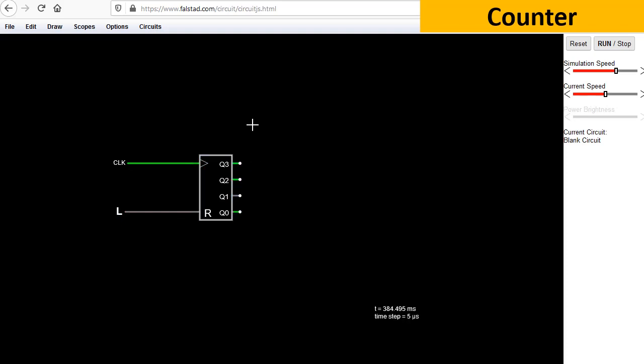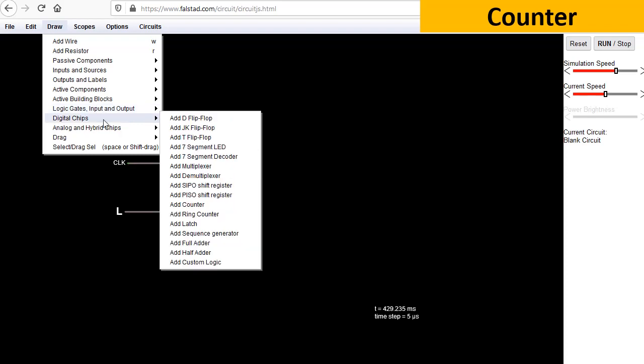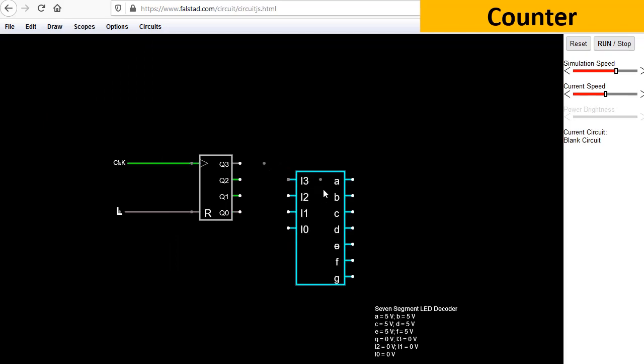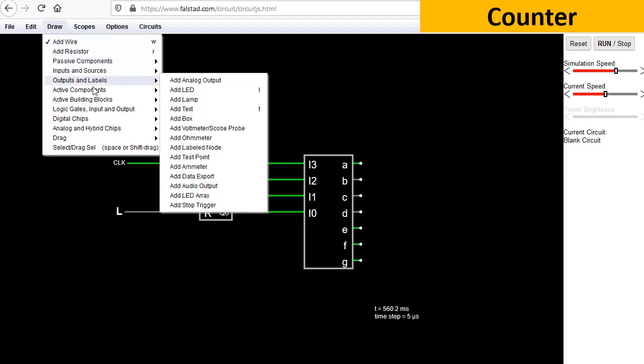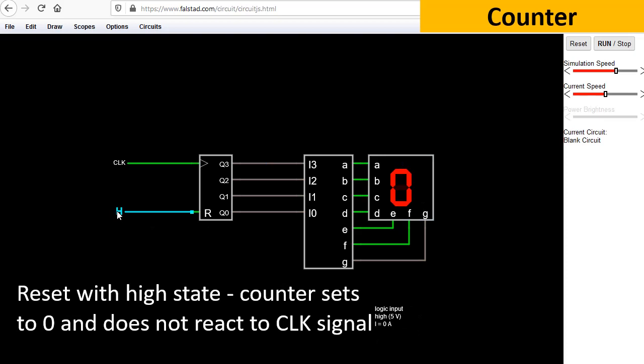I'll put here 7-segment LED display driver. And a display. Okay, we use in this project the stock driver. So it counts from 0 to F in hex, so from 0 to 15. Here we reset the counter with a high state.